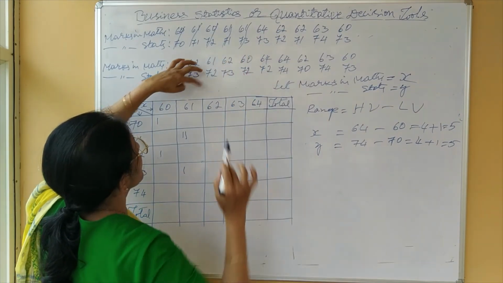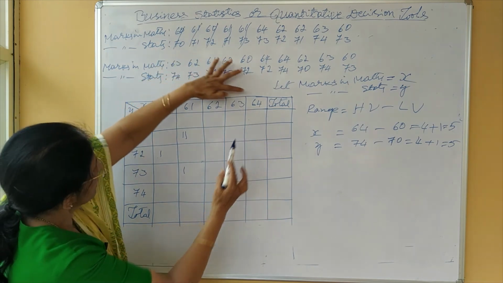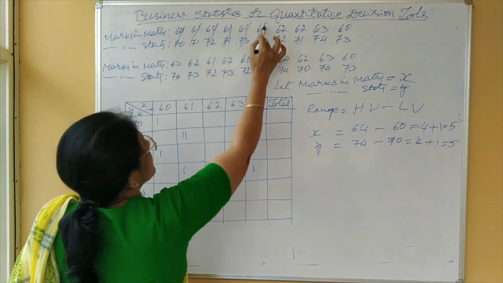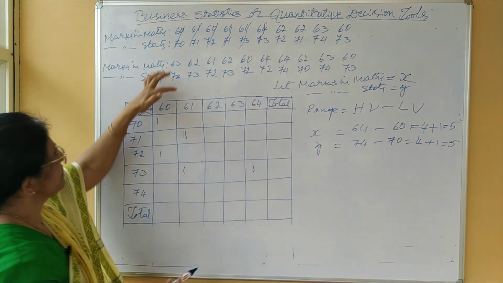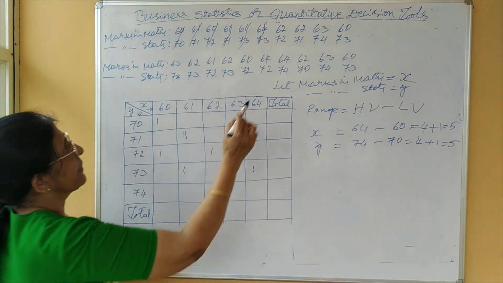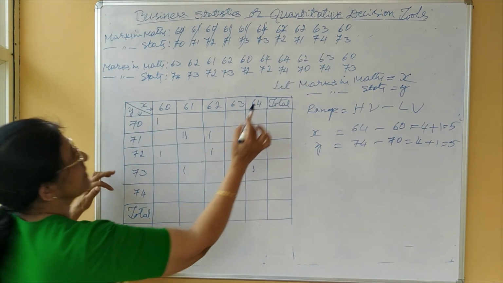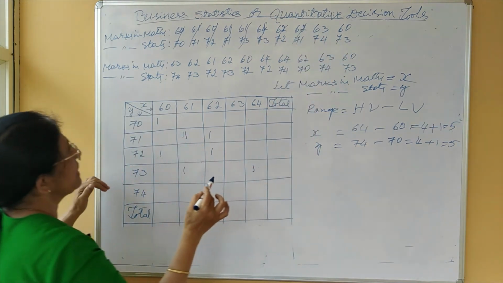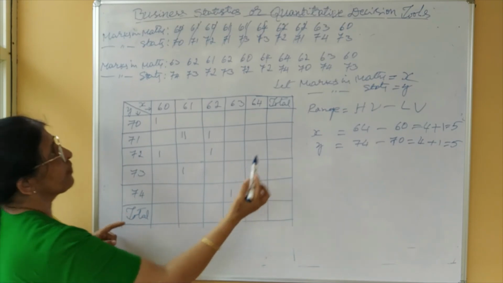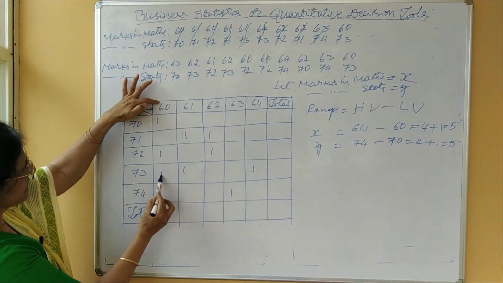I hope you are following. 64 and 73. Okay. Then 62, 72. This is the cell. Then 62 and 71. 63, 74. 60, 73.